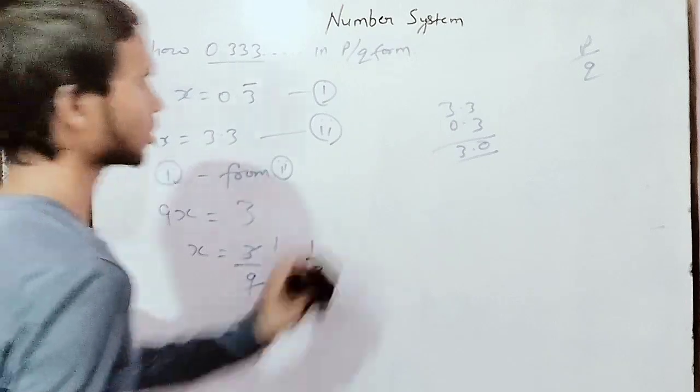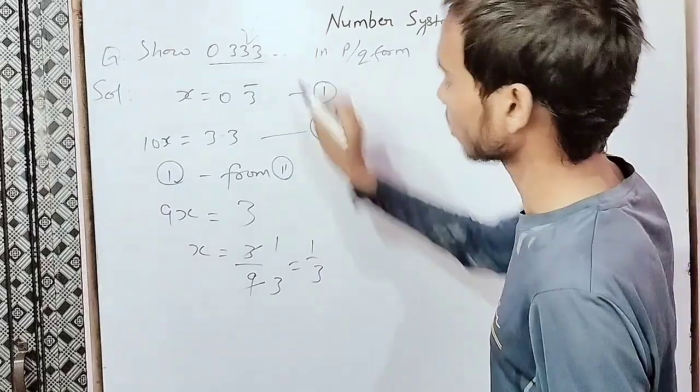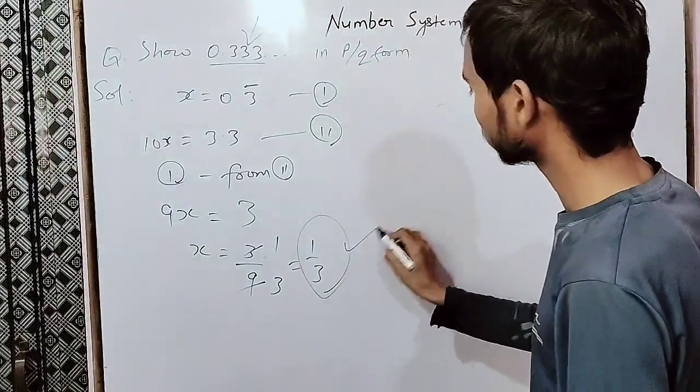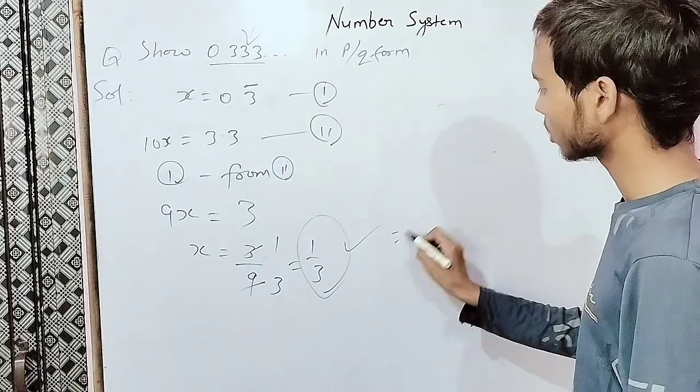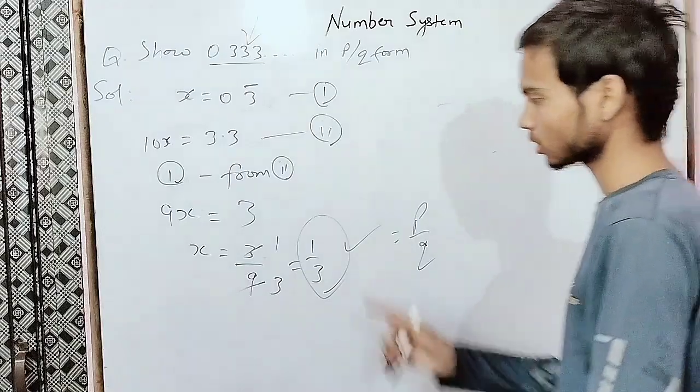So we have found it in this form. This is, in P upon Q form, 1 upon 3.